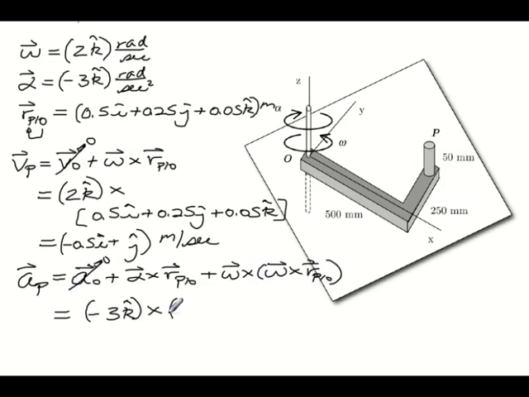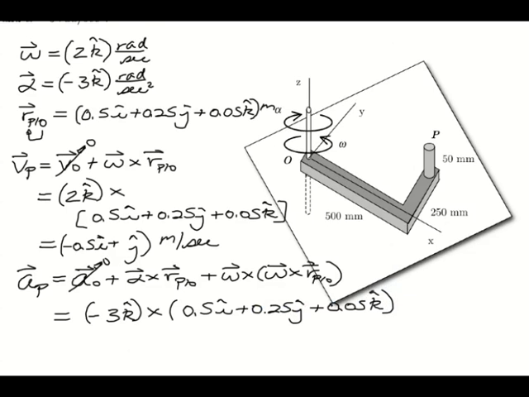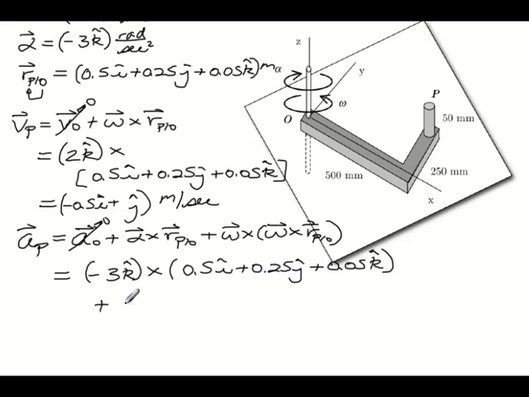That gets crossed with the r vector that I wrote down above, so that's 0.5i plus 0.25j plus 0.05k. Like that. I need to cross omega, which we saw was 2k, with omega cross r. We've already got the omega cross r from here, so I'm just going to write down that result, minus 0.5i plus j, like that.